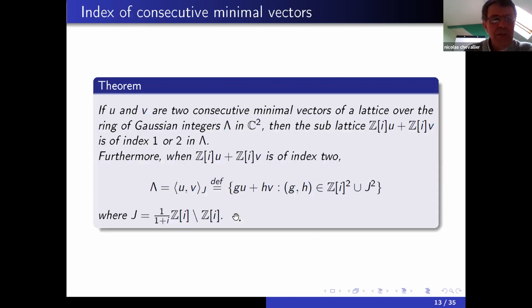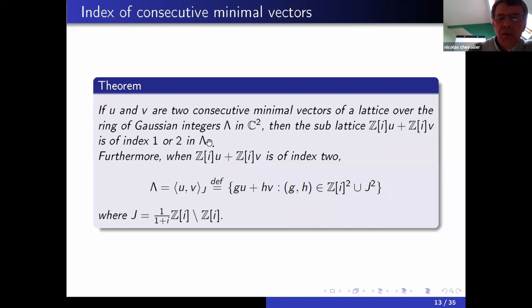Now the first not easy, not difficult, but not easy result is the following. If you have two consecutive vectors in a lattice over Gaussian integers in C2, then the sublattice generated by U and V is of index 1 or 2.